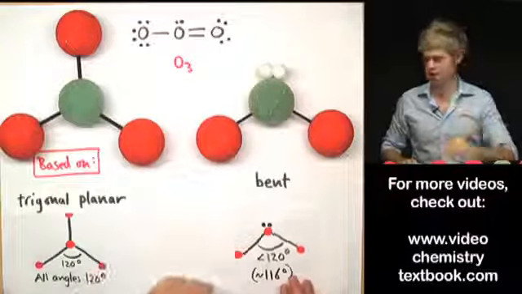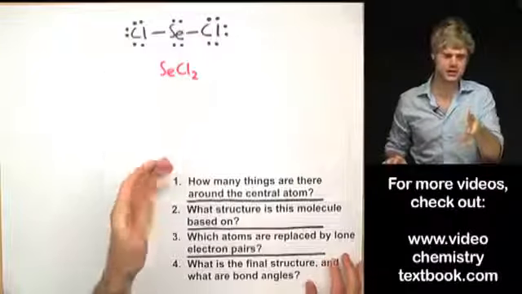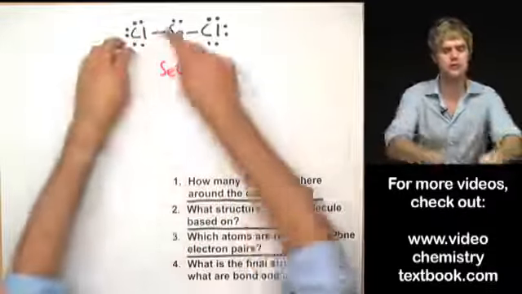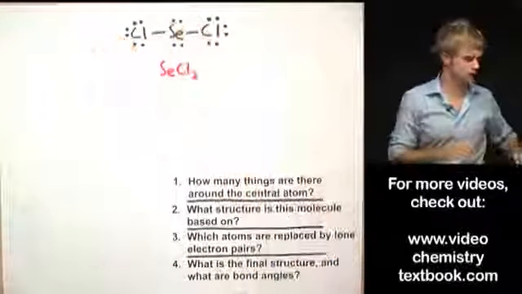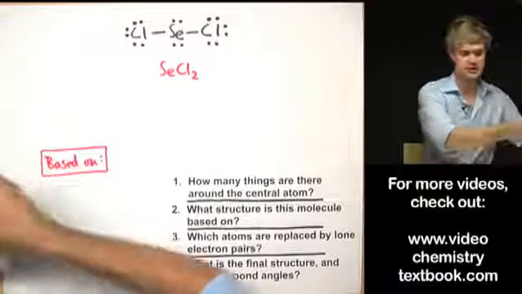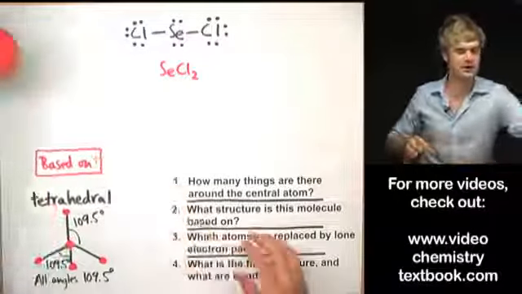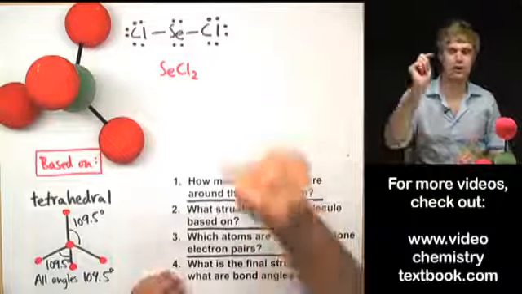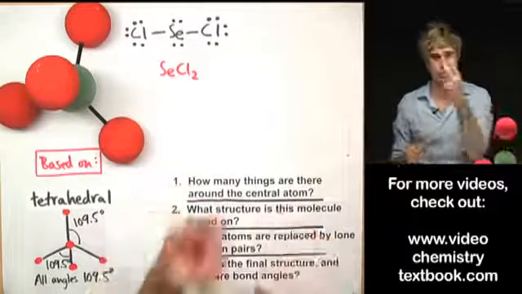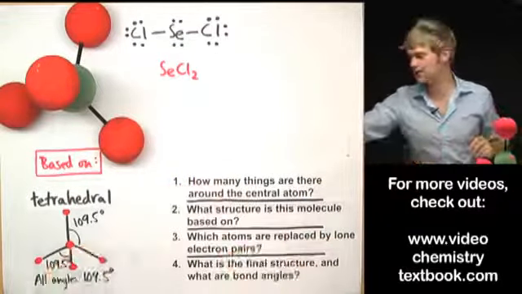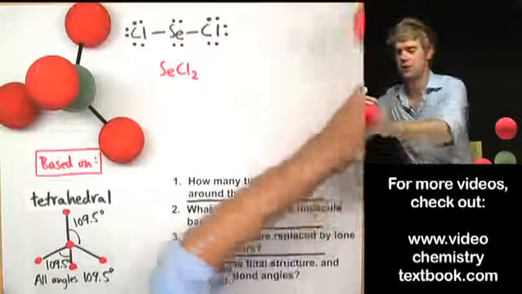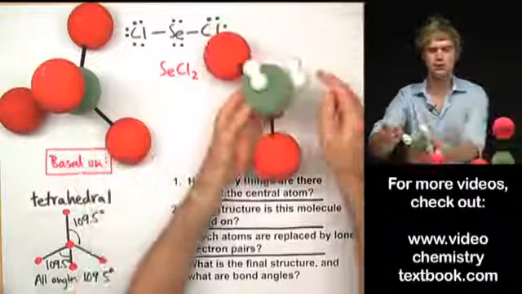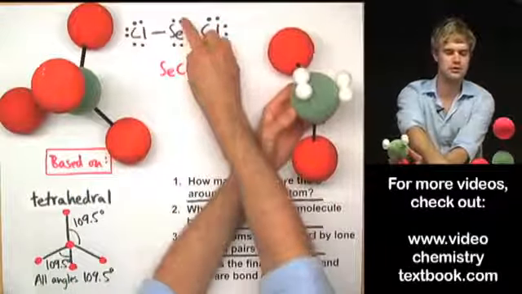One more and then we'll be done. SeCl2. How many things are there around the central atom? There are 4 things. 2 bonds, 2 lone electron pairs. So this has 4 things total, so it's based on this tetrahedral shape. Which atoms are replaced by lone electron pairs in this molecule? 2 of these atoms. And because of that, it's going to have a shape that looks like this. 2 atoms from here, 2 of them have been replaced by lone electron pairs, this one and this one.